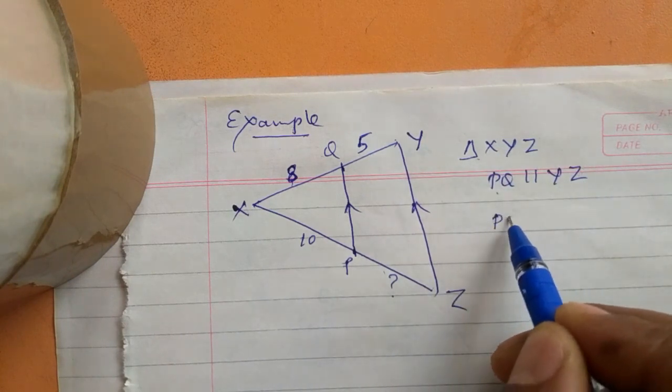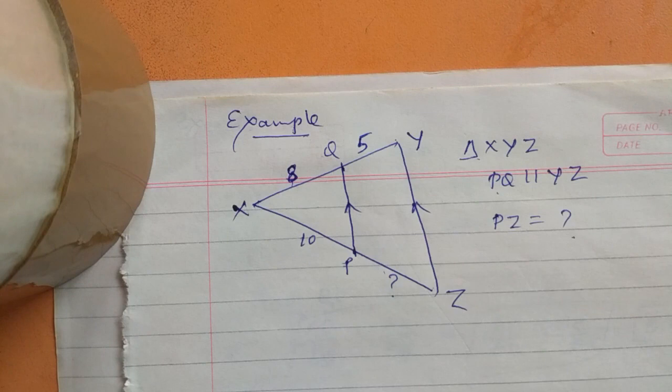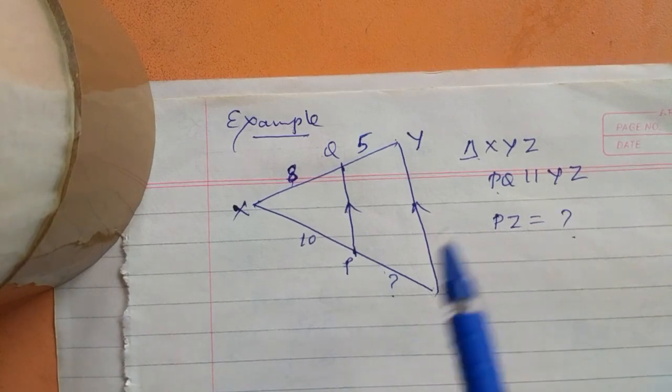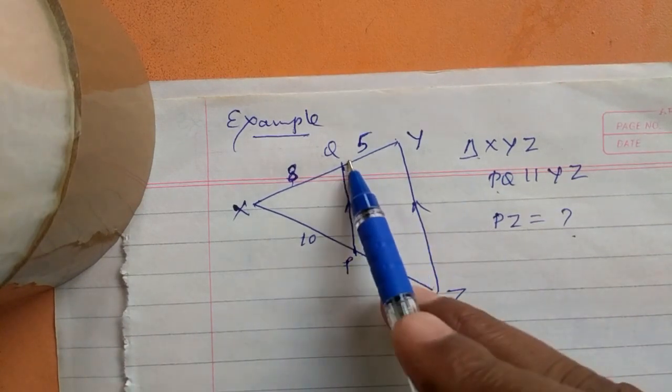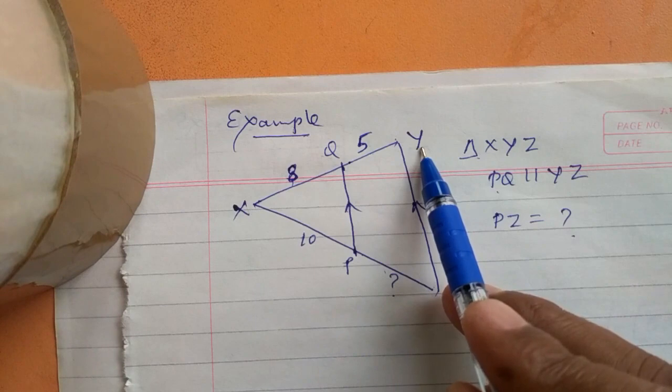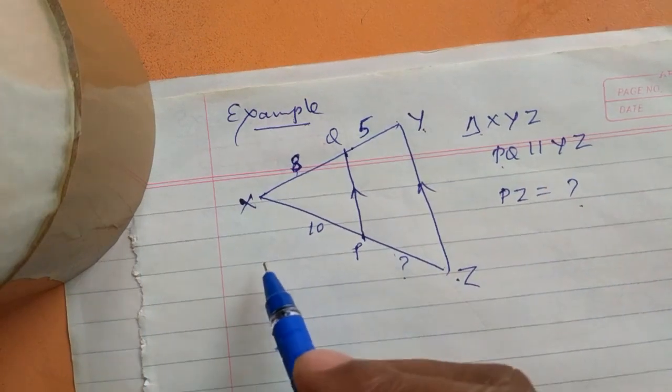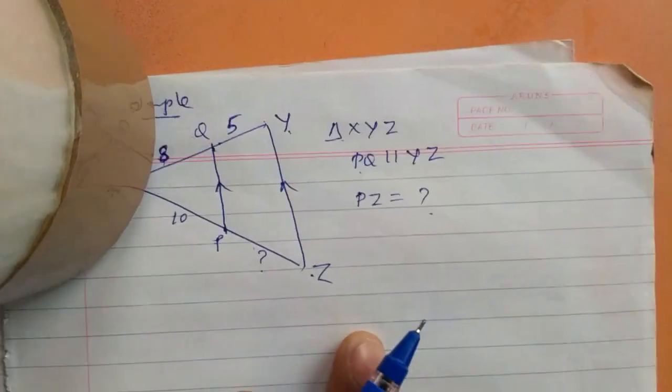What is the length of PZ? So in this diagram, which two lines are parallel? PQ parallel to YZ. Till now, I was explaining the simple type of diagrams.